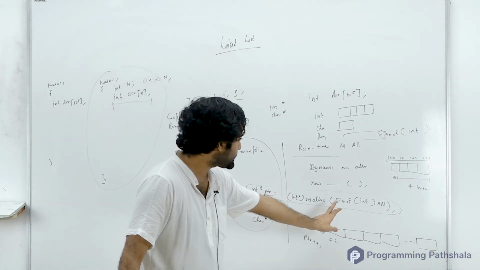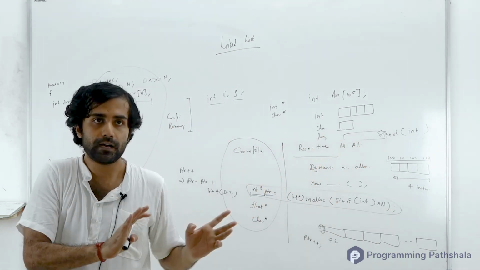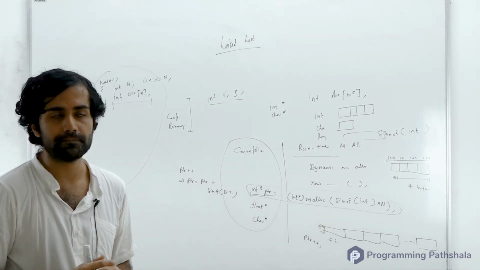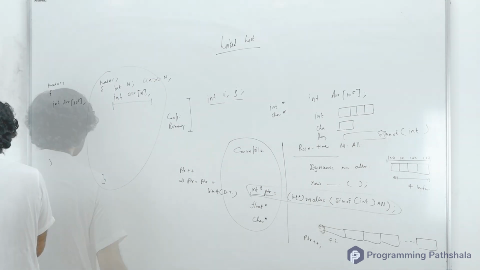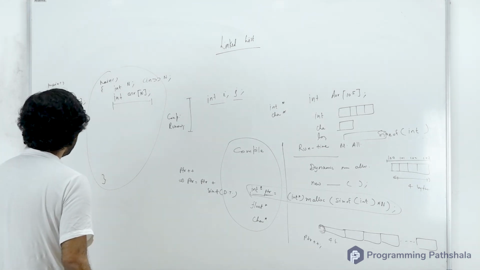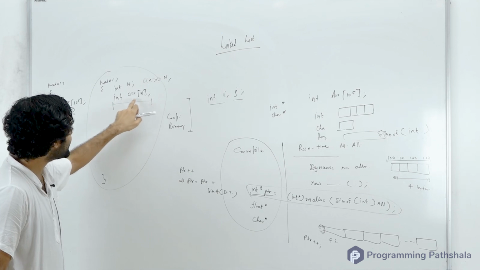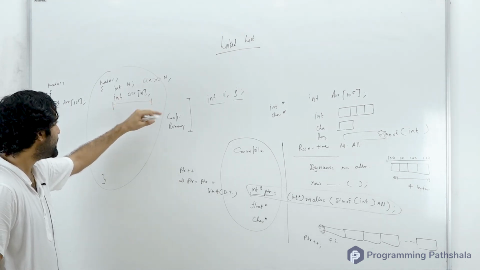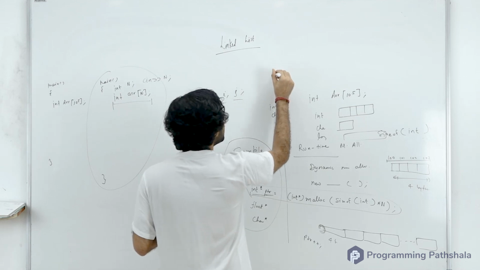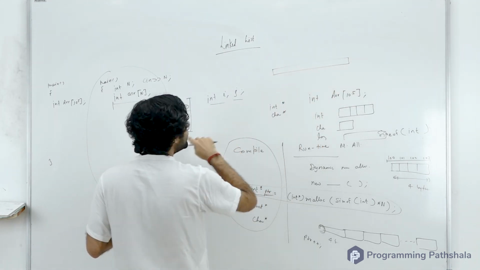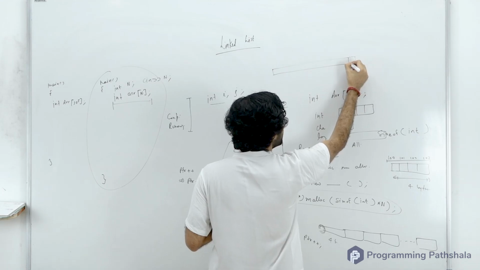You can always go to malloc, or you can do a new int, whatsoever. That way you will be able to store that value at a particular memory allocation. One thing that we have learned is, if you are declaring a static array, or even an array in this manner, once the space has been allocated, let's say this much space, then at runtime you cannot allocate one more space over here.